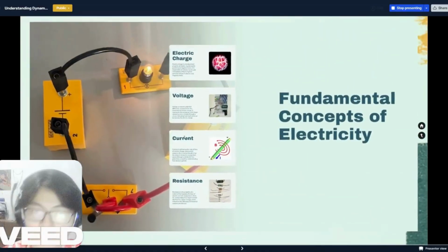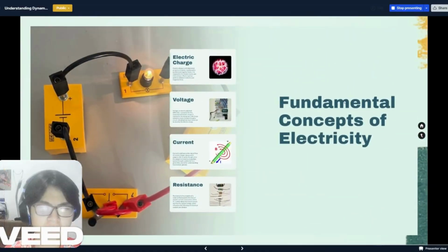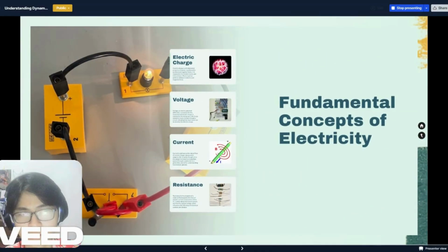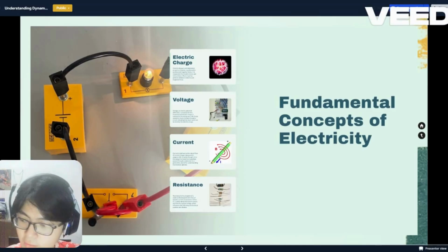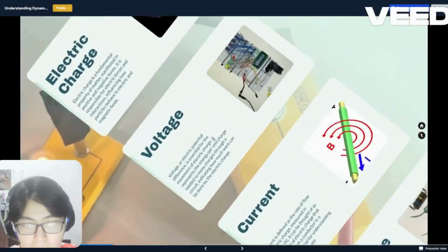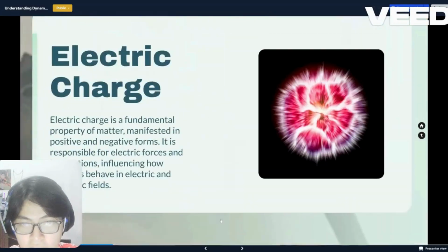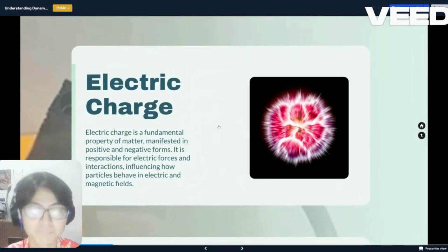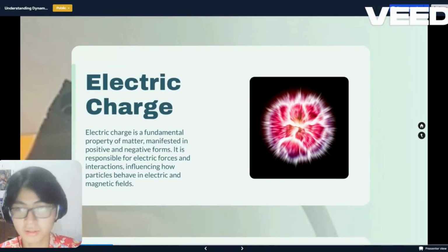Alright, so here are some fundamental concepts of dynamic electricity. First, we need to understand these in order to get the whole idea of dynamic electricity.